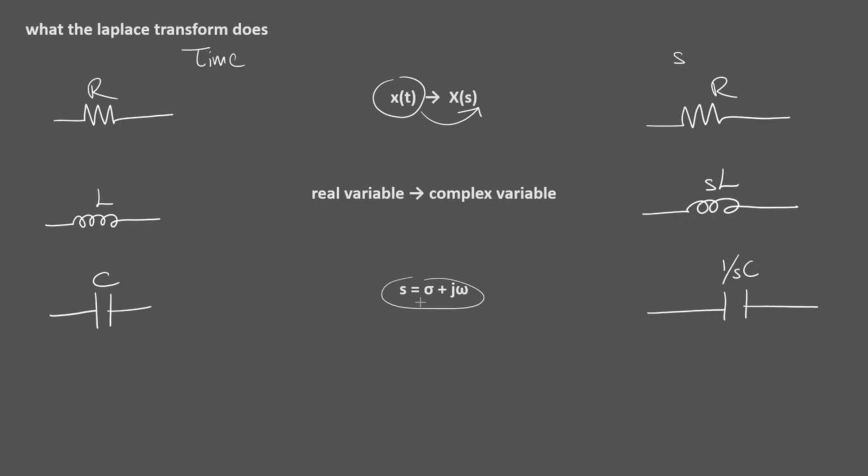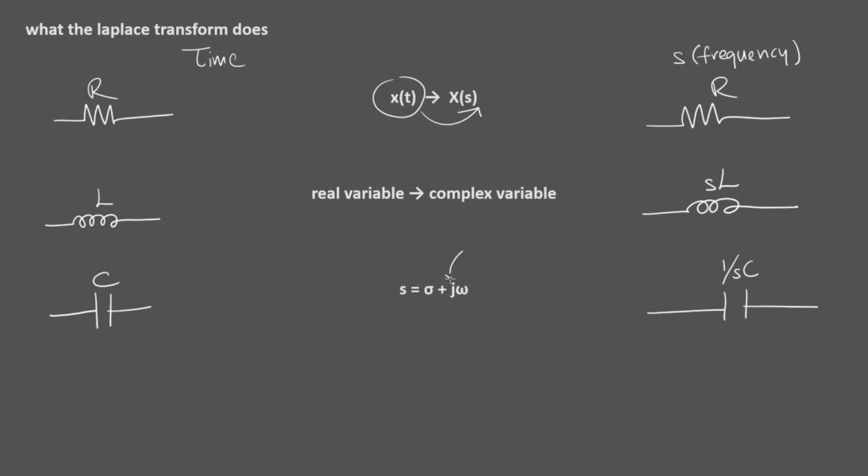Now this S, sometimes you call the S domain the frequency domain. So you might see S or frequency domain. What does that mean? All right, S is a complex number, sigma plus j omega.